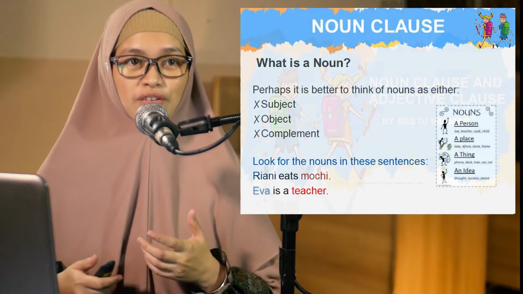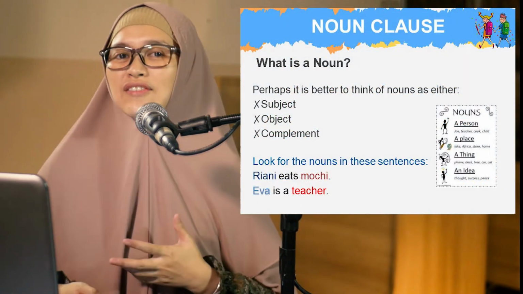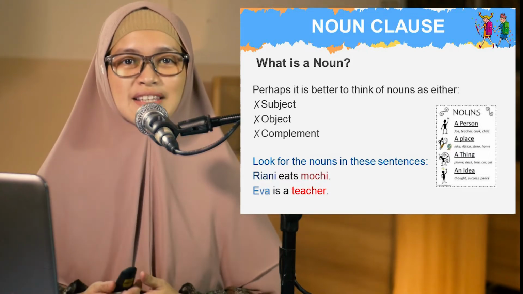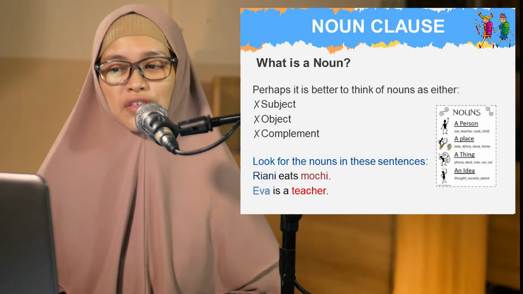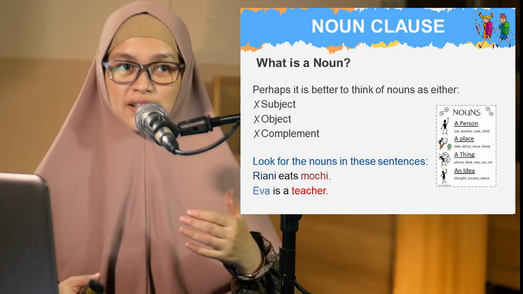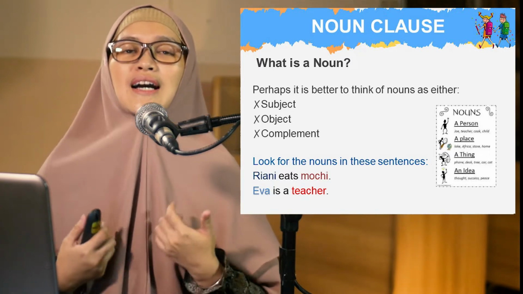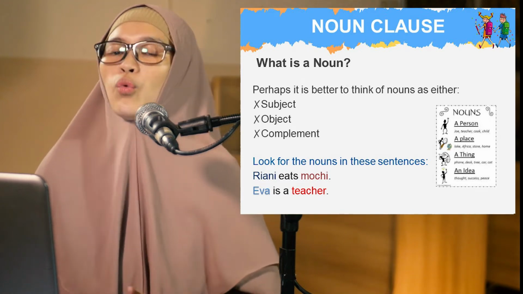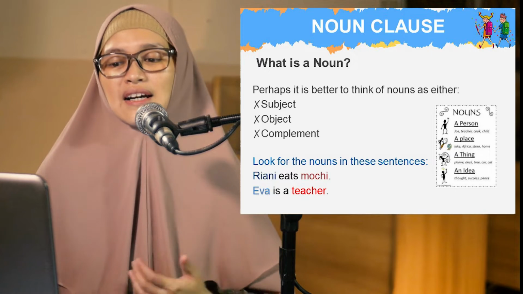Before going on with noun clauses and adjective clauses, let's take a look at what a noun is exactly. Perhaps it is better to think of nouns as either a subject, an object, or a complement. We have already learned what a subject, an object, and a complement are, right?